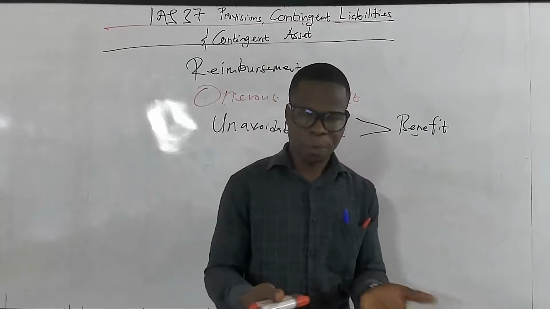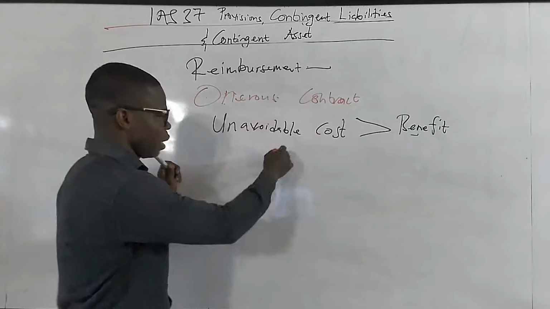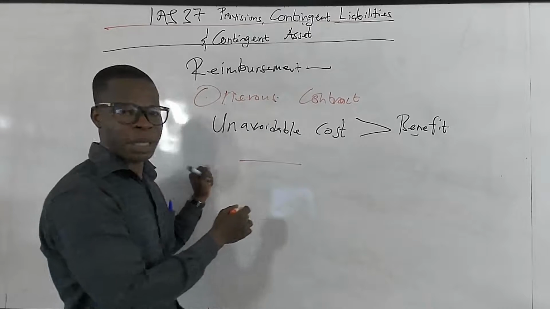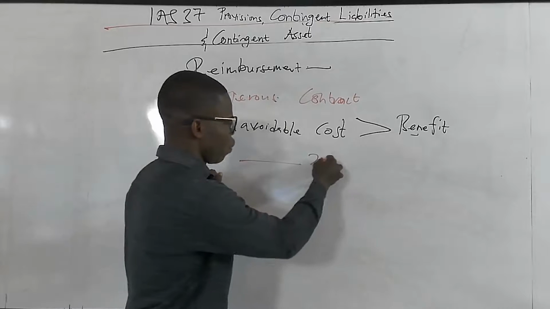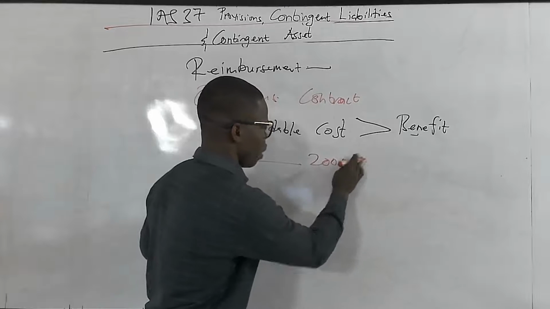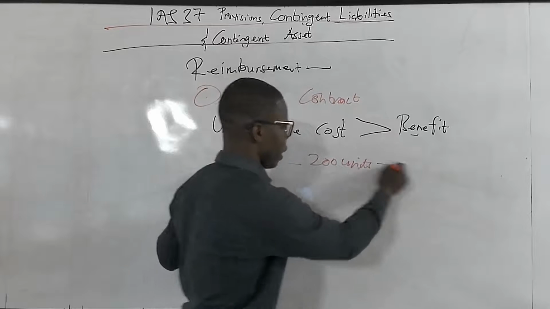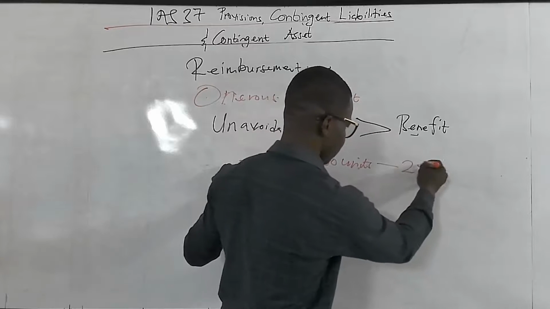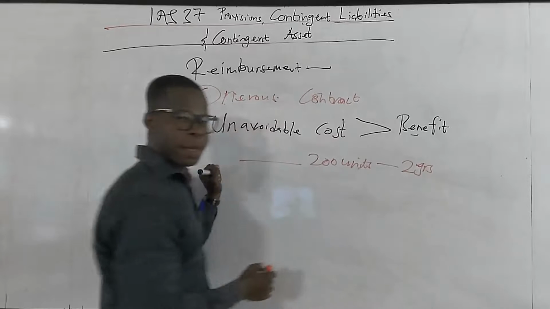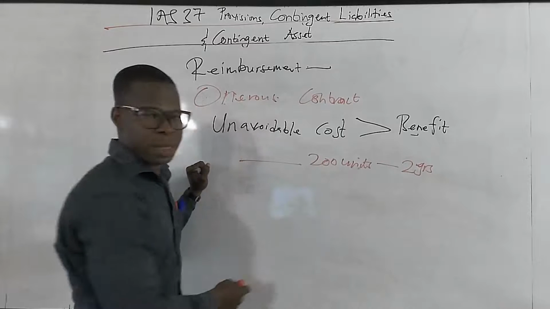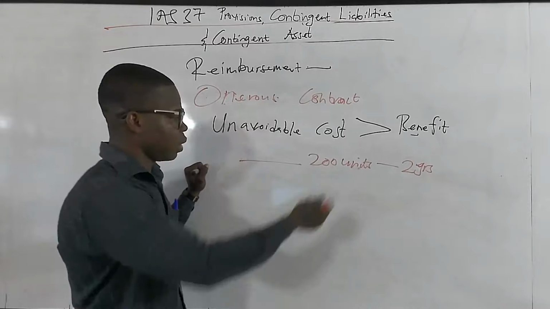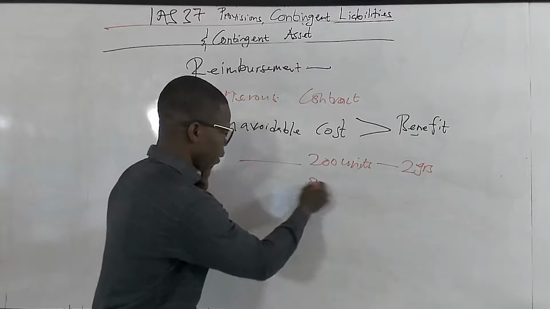For example, assuming we contract with an entity to provide us with 200 units of product for the next 2 years. The price at which we are going to sell the unit is going to be $7,000.